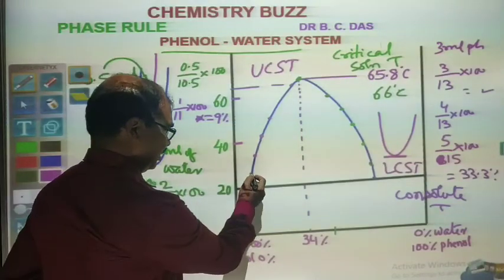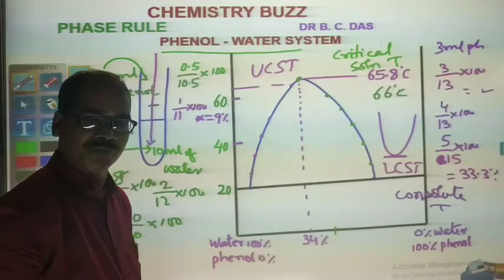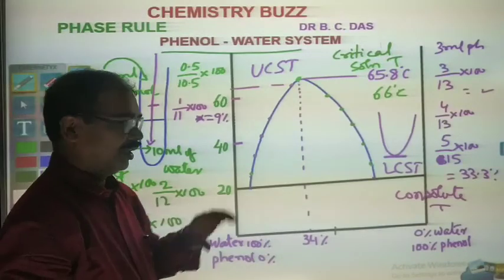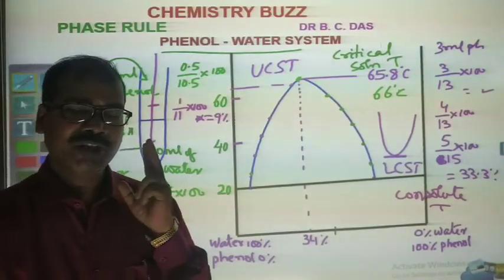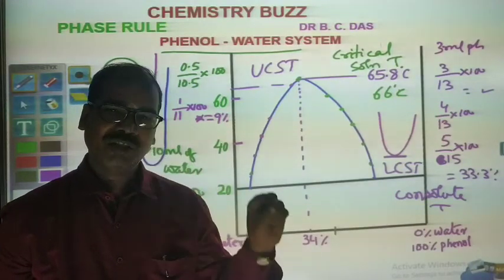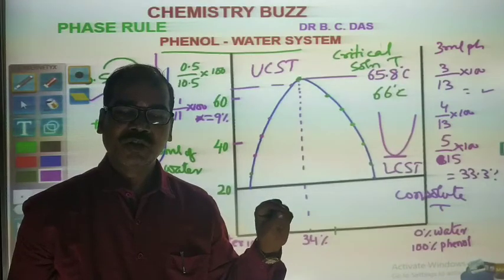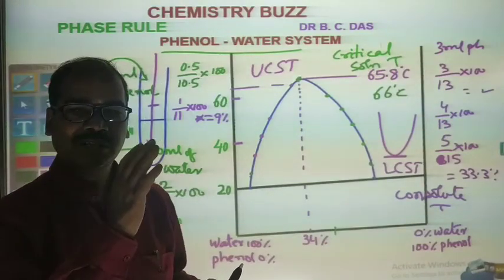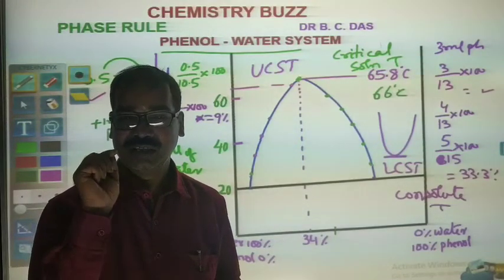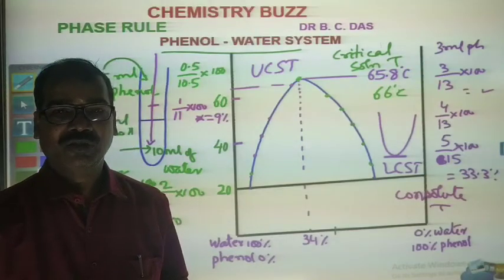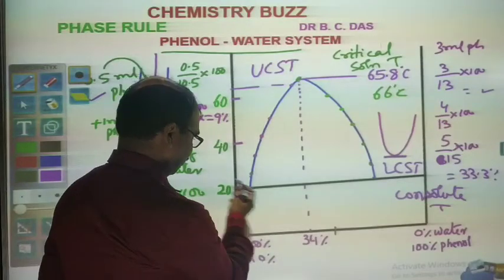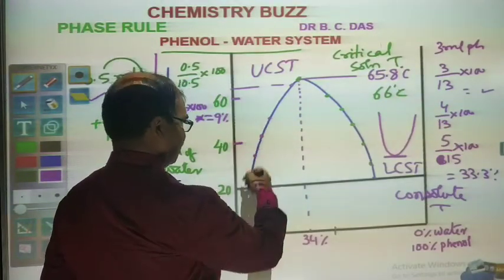At different compositions the experiment will be repeated, and you will record two temperatures, one on heating and one on cooling. Taking the mean of these two temperatures, you will plot composition versus temperature.